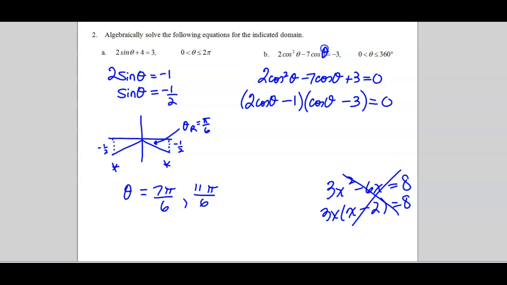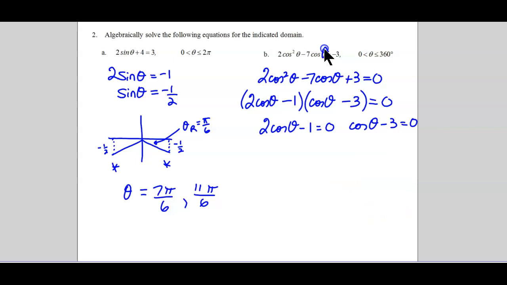Back in question 1, put it in here. Now, just like quadratics, each factor equals 0. Right? Now, each of those are linear equations in terms of trig.